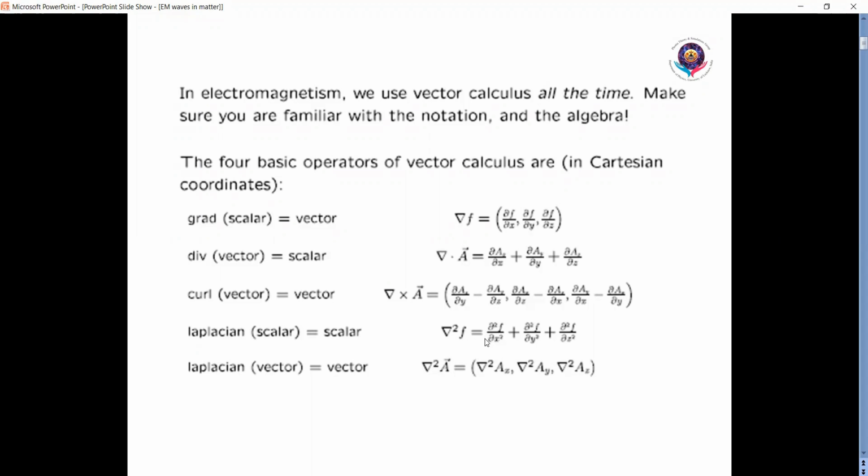It's a second order derivative with respect to the directions. And the last operator is a Laplacian operator on a vector quantity, and the result is also a vector quantity, with the Laplacian operating on the x, y, and z components.